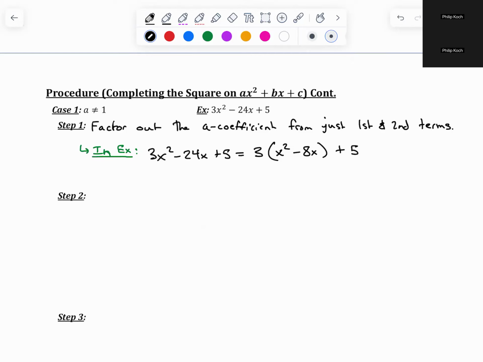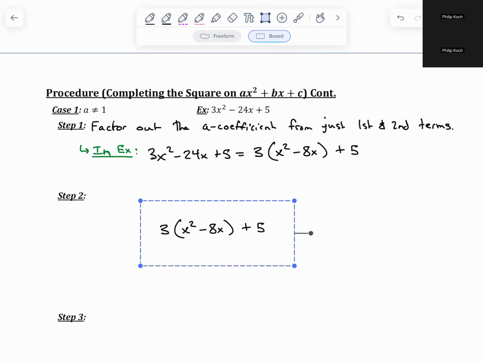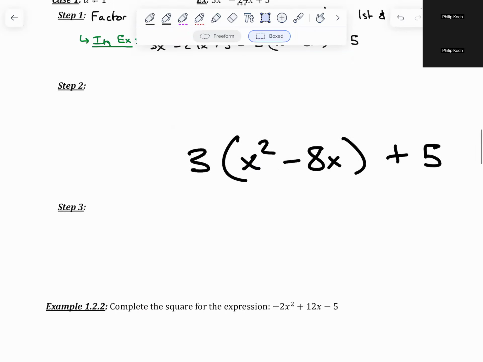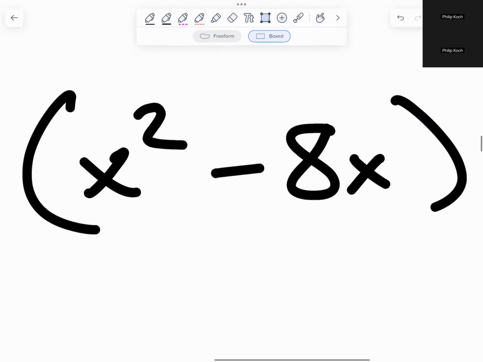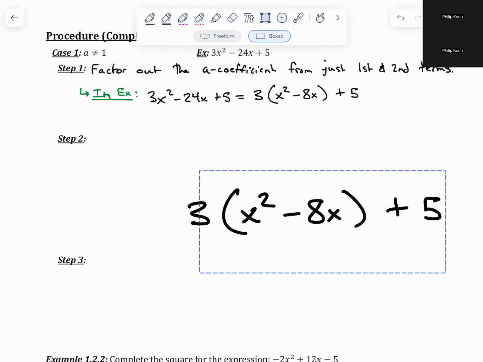now that we've done that, this is what I meant by what mathematicians do when tasked with something complex like this, where the coefficient isn't 1. We say, well, what if it was 1? And we factor it out. Now, if I zoom in on just the inside, that is a quadratic with leading coefficient 1. So I can complete the square on the inside of the parentheses by doing what we did in case 1.